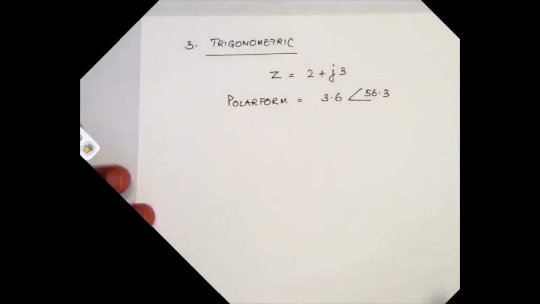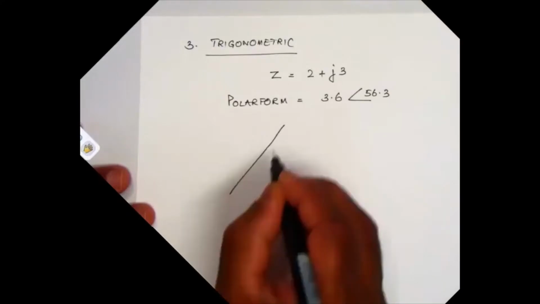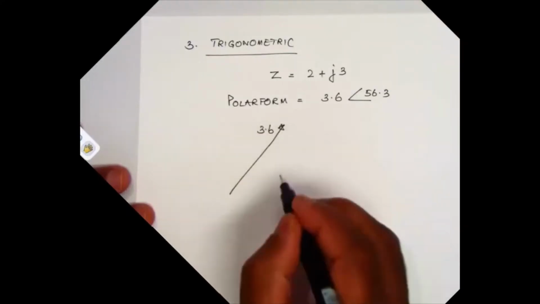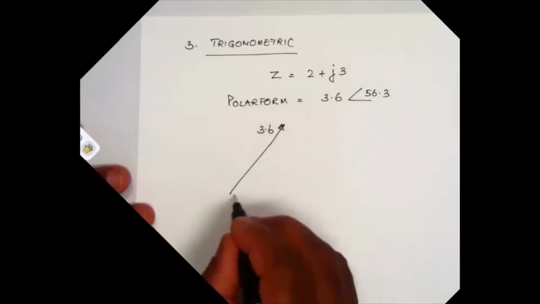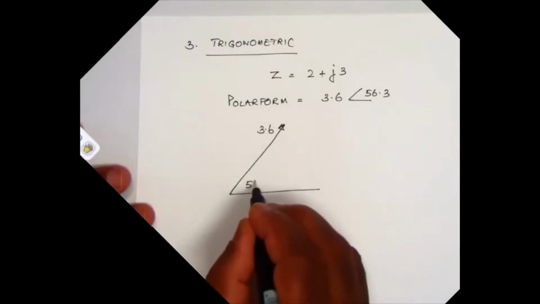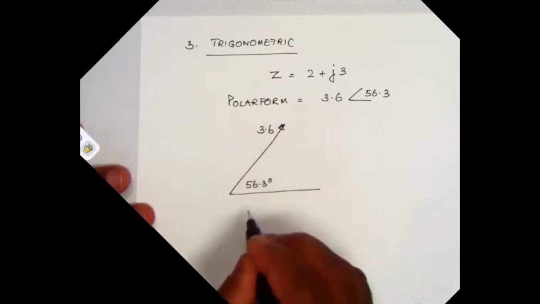So in other words, it's telling us that this is a vector which is 3.6 in magnitude and which has an angle 56.3 degrees with the real axis.